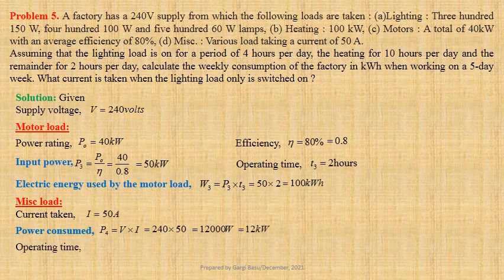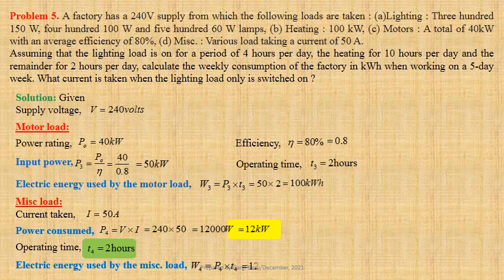Operating time T4 equals 2 hours. Let us now calculate electric energy used by the miscellaneous load. W4 equals P4 into T4. Using values we get 12 into 2, that is equal to 24 kilowatt hours.